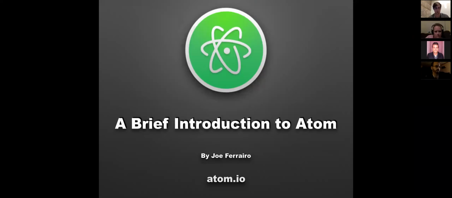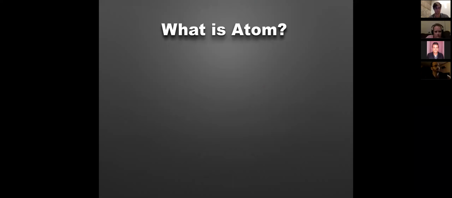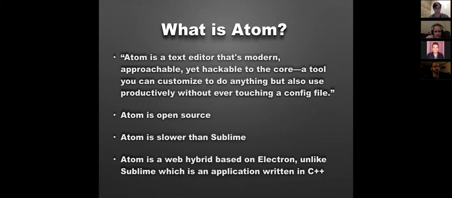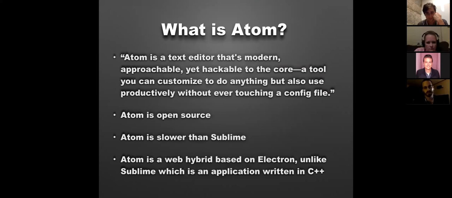Okay, brief introduction to Atom. What is Atom? Atom's essentially another text editor similar to Sublime. It's only about, I think, correct me if I'm wrong, two or three years old. And essentially it's very hackable.